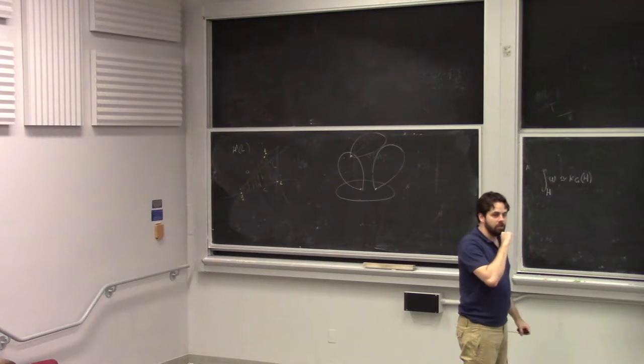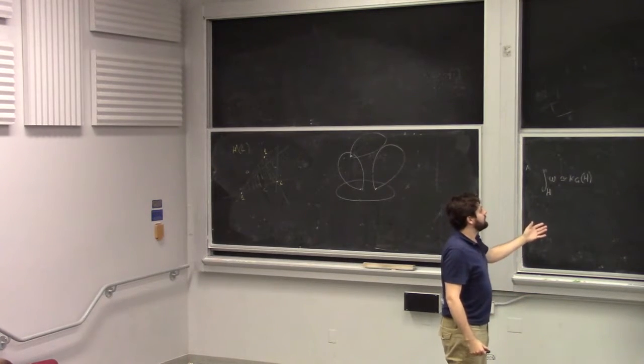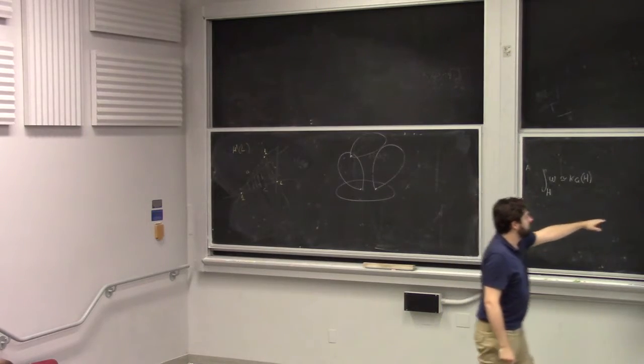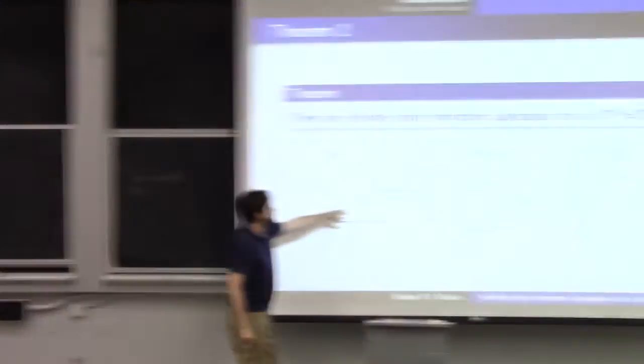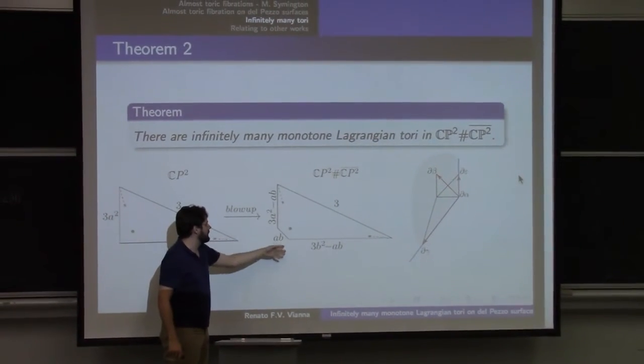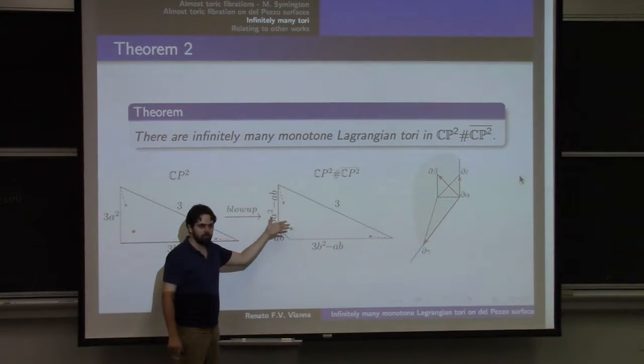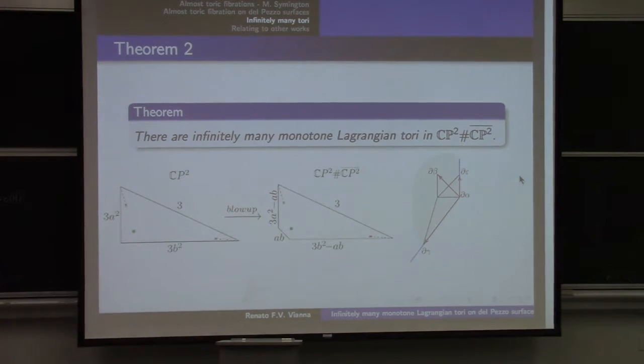But there is a catch here. Why can't I just, for instance here in P1, describe for you infinitely many of these tori such that the orbifold will have this shape? So what's the catch here?